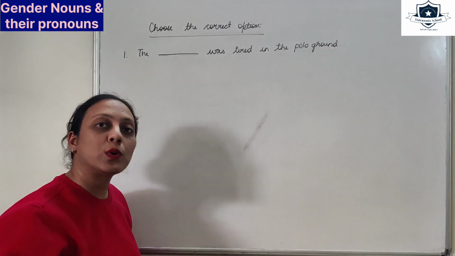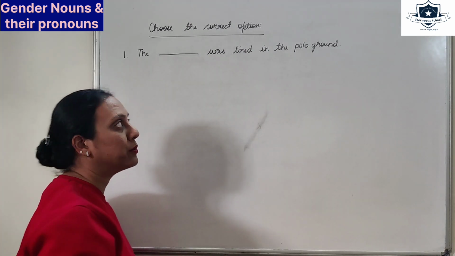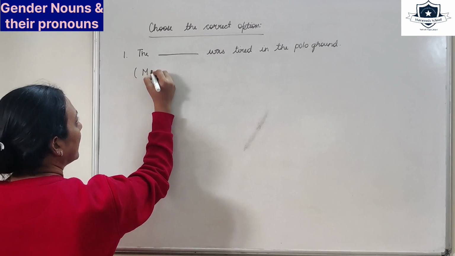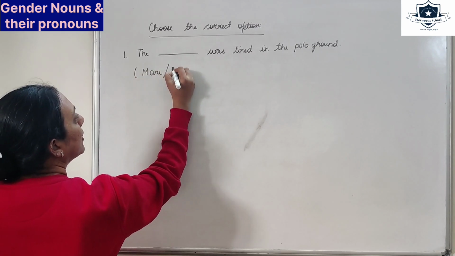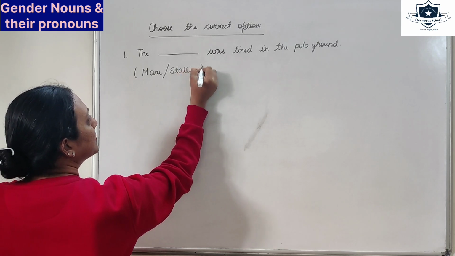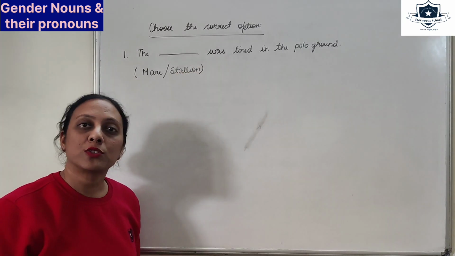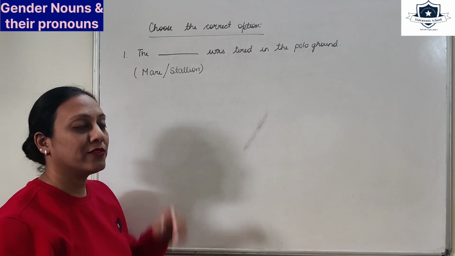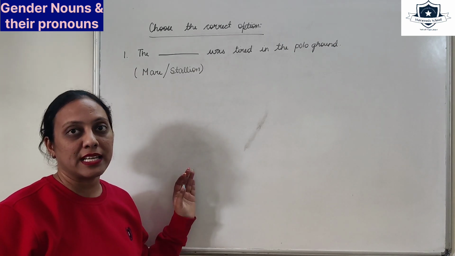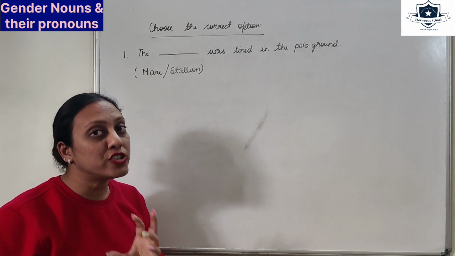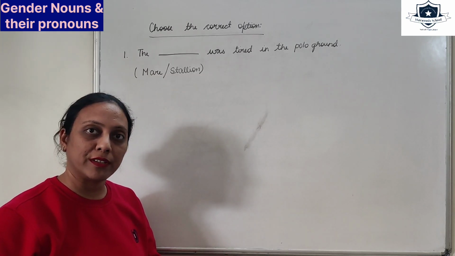The dash was tired in the polo ground. The options are mare or stallion. What could be the correct option? It is stallion. Why? Because understand the difference. Horse is a common noun, that is a common gender noun, that we will be doing further.